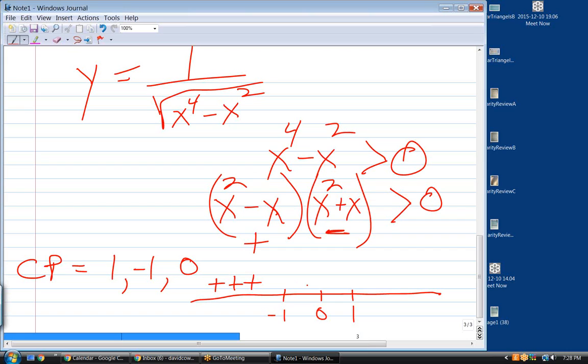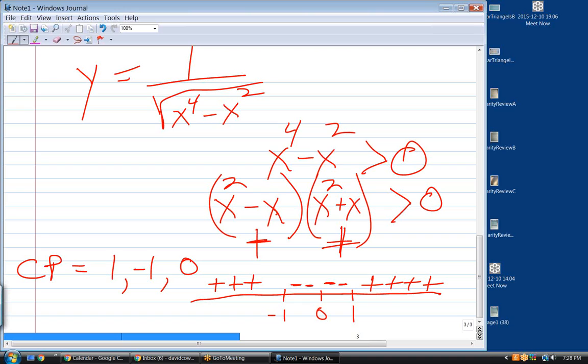So this area is negative. When I put in +1/2, in other words, a number in this region, this is plus, but this becomes negative, because 1/2 squared is 1/4, minus 1/2, that's negative. So it's also negative in that region. And finally, if I put in a number greater than 1, that's positive, that's positive.